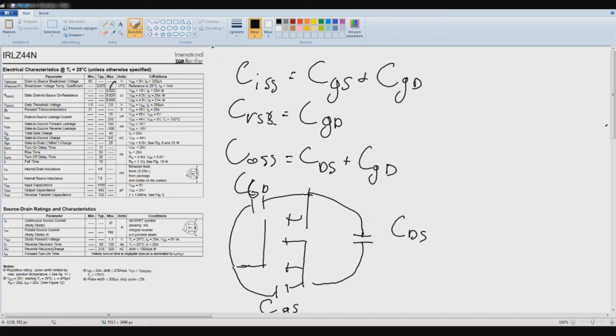We have the output capacitance, COSS, which is drain to source and gate drain, which is these two. And we have CRSS, which is reverse transfer capacitance, which is only gate to drain, which is this over here.